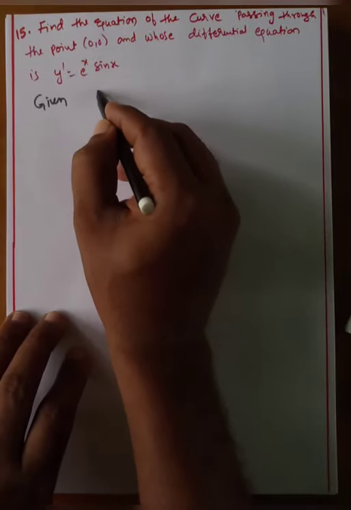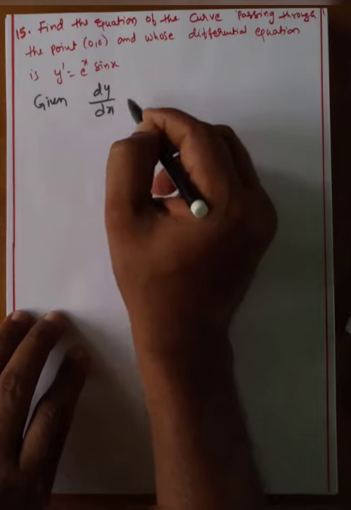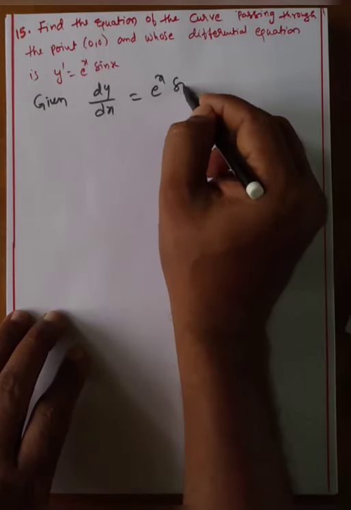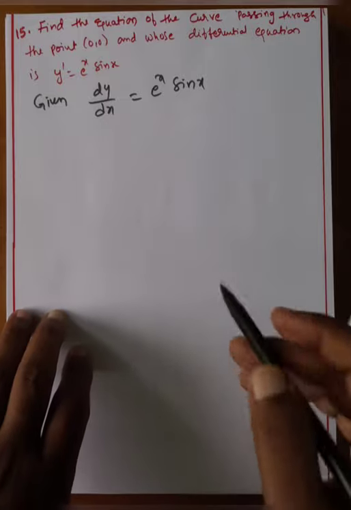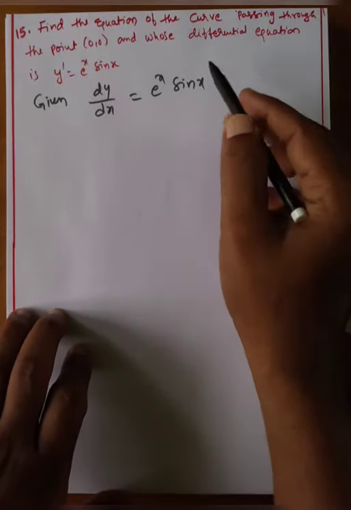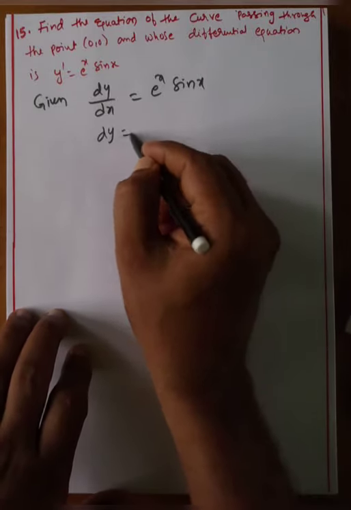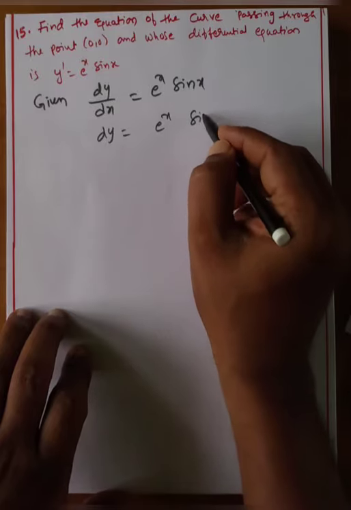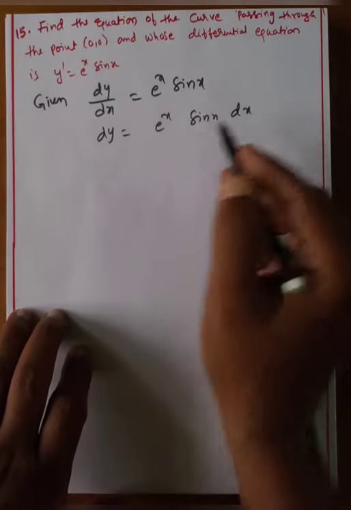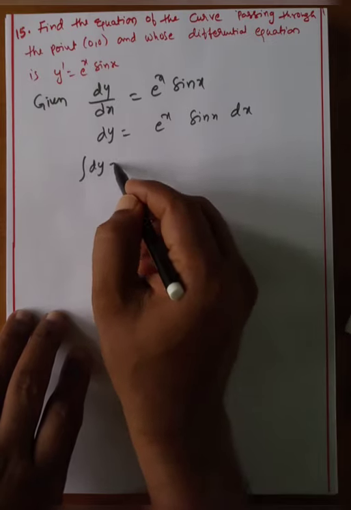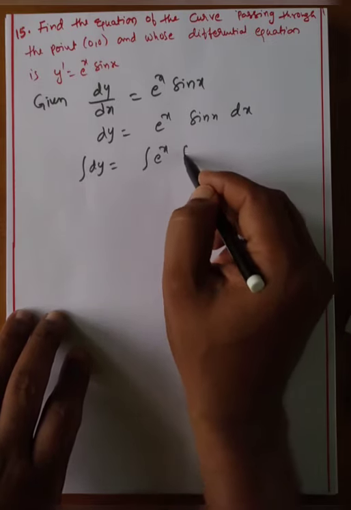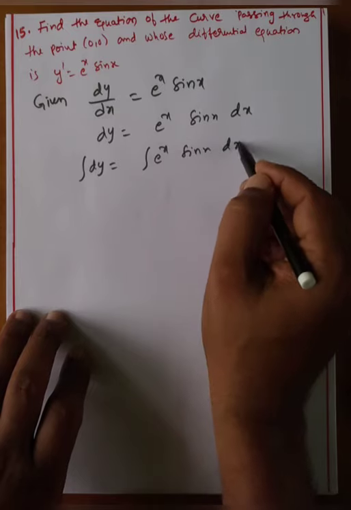Given y dash means dy by dx is equal to e power x into sin x. You know the formula, I hope. y dash means dy by dx. dy by dx is equal to f of x type. Now directly dy is equal to e power x sin x dx. Okay, my dear students, separated. Separation completed. Now integral of dy is equal to integral of e power x into sin x dx.